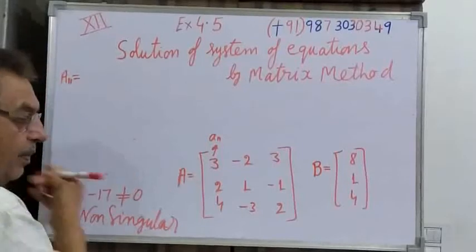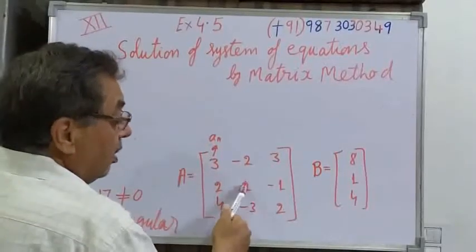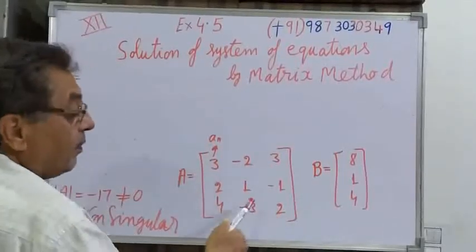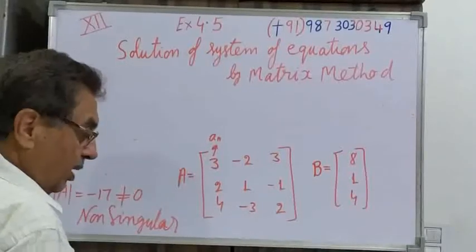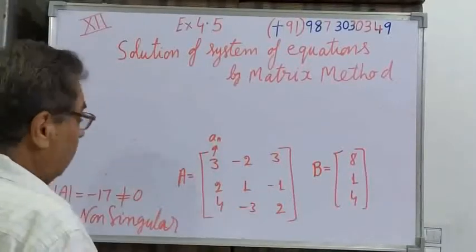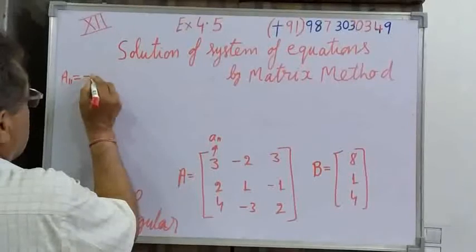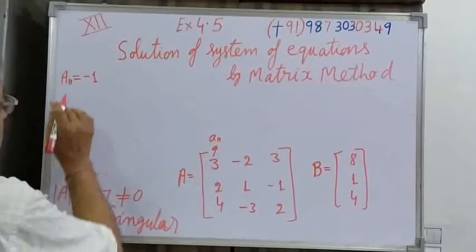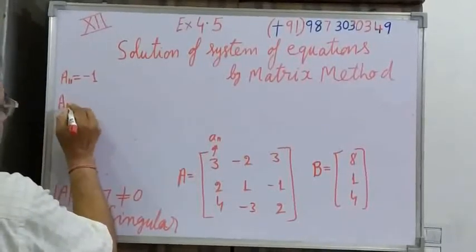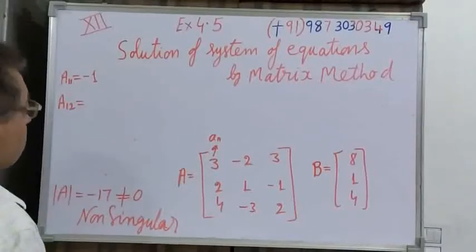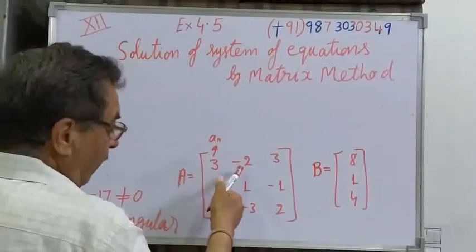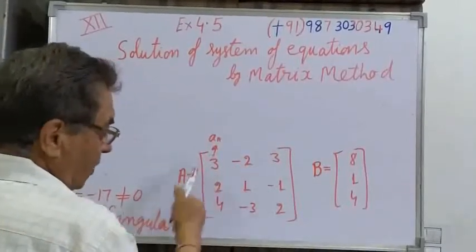Its cofactor would be, hide this row and column, 1 times 2 and minus 3. 2 and minus 3 will give minus 1. Okay. Then the cofactor A12, the cofactor of this one, minus 2.